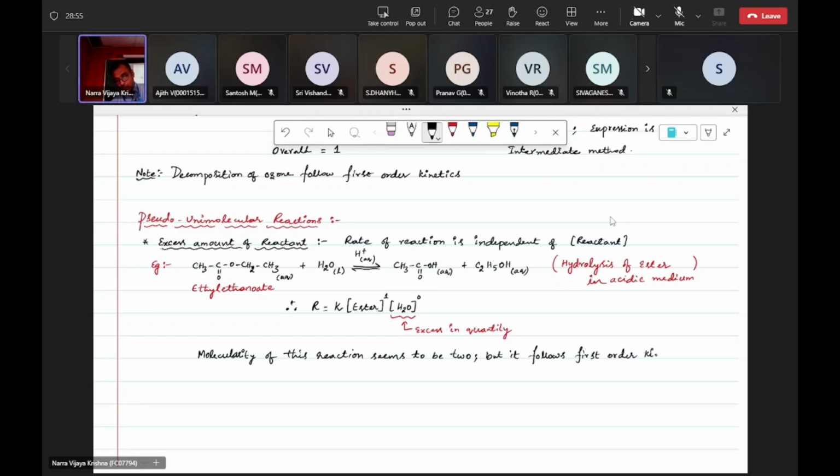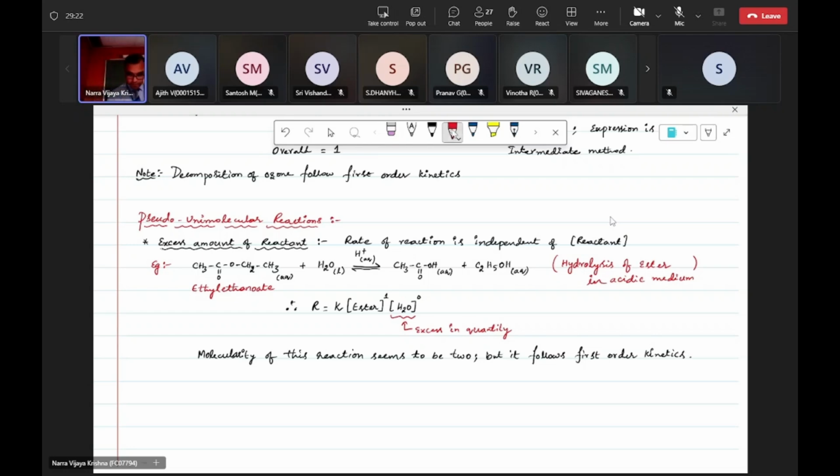Such reactions are called pseudo unimolecular reactions. Molecularity seems to be different, but the order is first order. If some of the reactants are in excess quantity and the reaction follows first order kinetics, we call such reactions pseudo first order reactions or pseudo unimolecular reactions.